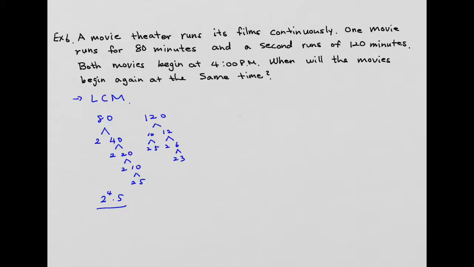So you have three 2s, and then you have 3 and 5. So the least common multiple of those two numbers is going to be 2 to the 4th times 3 times 5, which is 240.